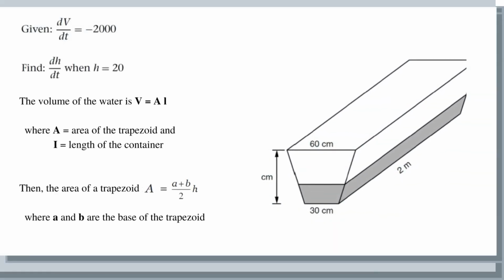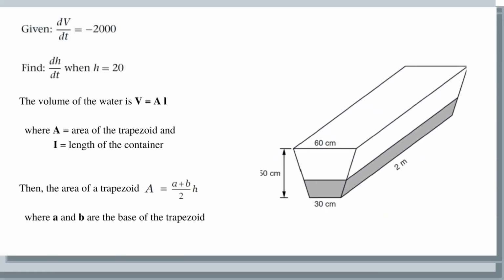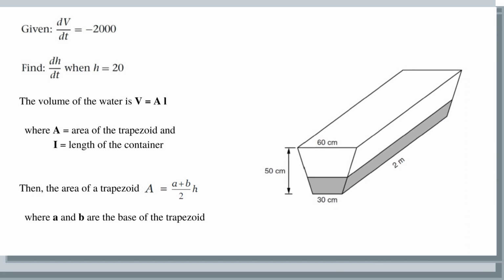The rate identified in the problem in cubic units per minute is about the container leaking water, which is an indication that the volume of the water inside the container is decreasing.